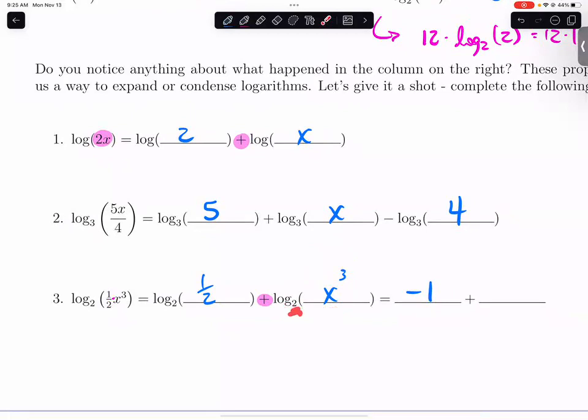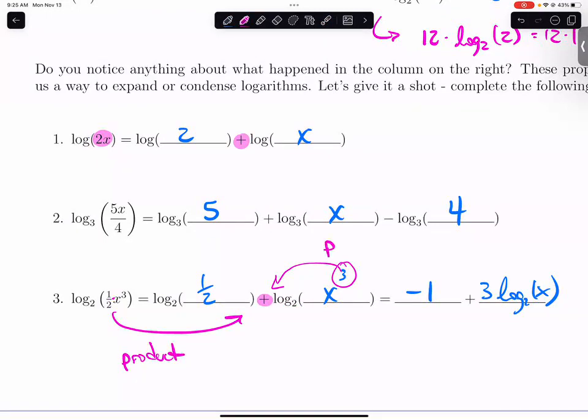Well, I don't know, but whatever it is, it's going to be 3 times the number that are in x itself. So 3 times the log of x. Circle this. So here to here, we've got a product rule happening. And then here there's a power also.